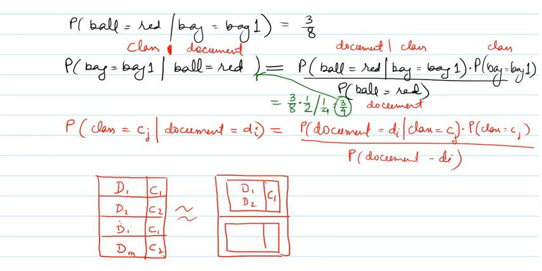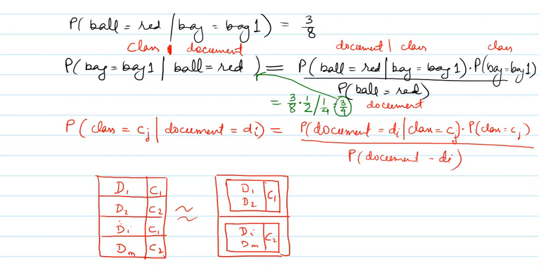This is the class C2, this is the document, suppose Di and DM, right? So now from here we can calculate the probability of D1 given this class. So I just go directly into this particular bag and calculate the probability of D1. I go in this particular bag of class C2, I calculate the probability of this particular document.